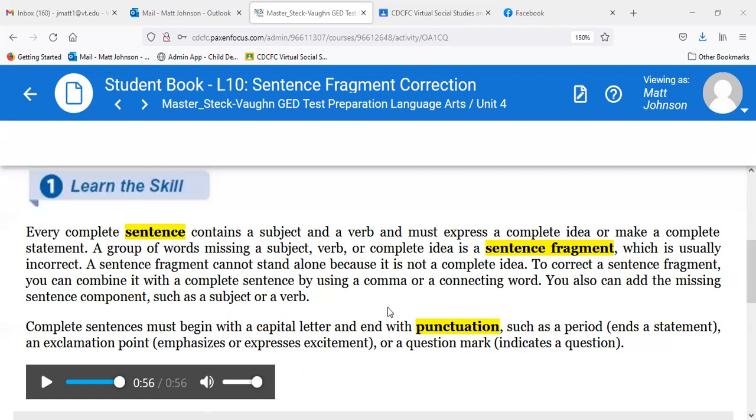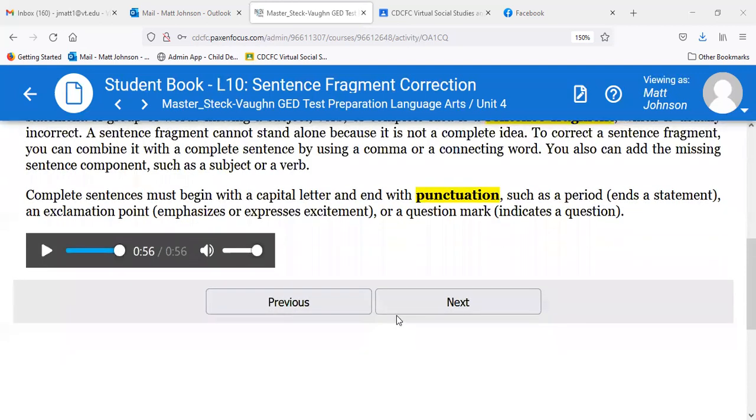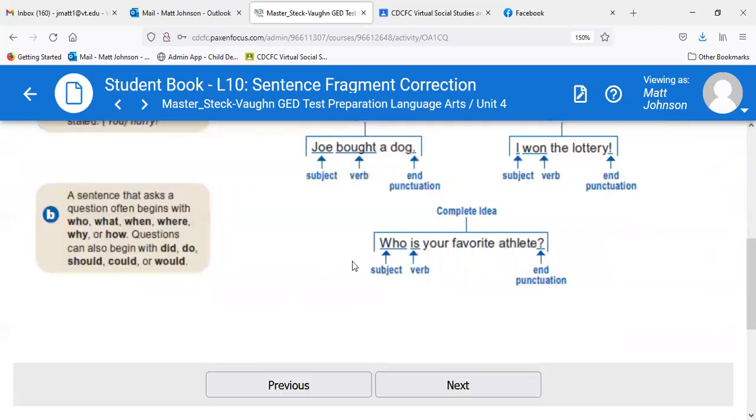So I always like to think of it, words get us most of the way to how we express our ideas and communicate with each other. But punctuation is what brings it clarity and keeps our ideas from getting muddled. And it's all sort of in play when we get to making sure that we're not using sentence fragments. So we'll take a look and see what examples they have here.